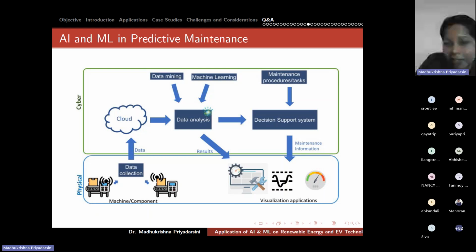Analysis is possible, so that the maintenance in hand can be done, or in future we can predict what can happen.